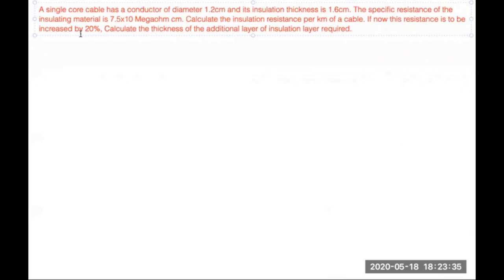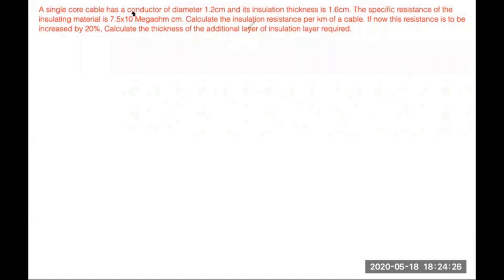The specific resistance of the insulating material is 7.5 into 10 raised to 8 mega ohm centimeter.